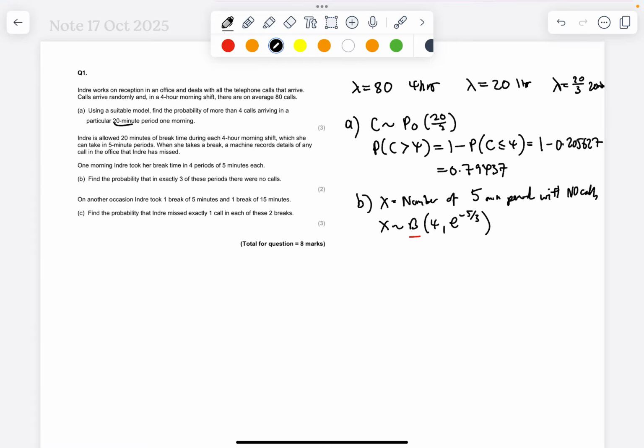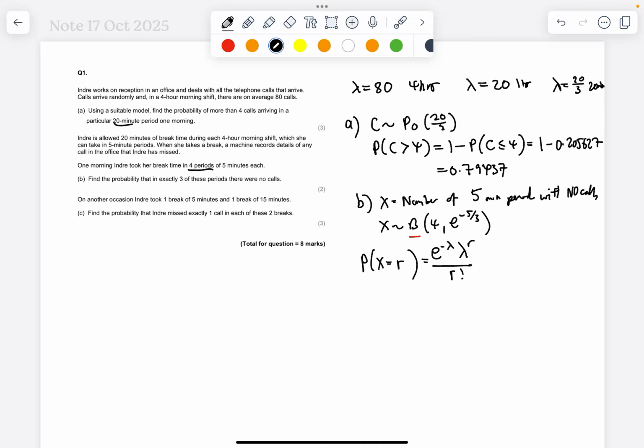It's 4 because she takes 4 break periods, and it's e to the minus 5 over 3 because remember that with Poisson, the probability of X being equal to any particular value is e to the minus lambda times lambda to the r over r factorial.